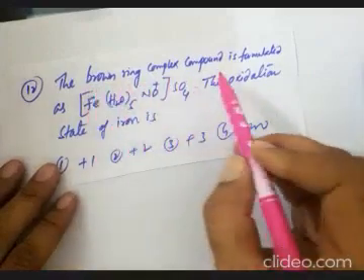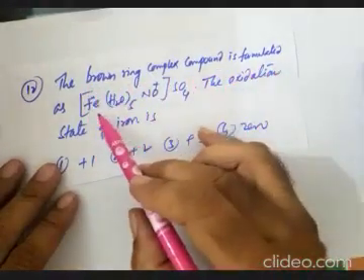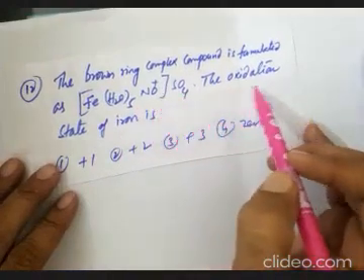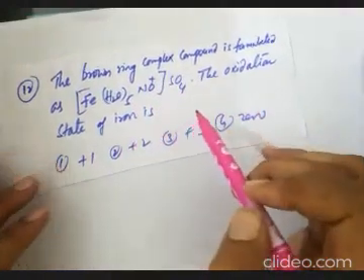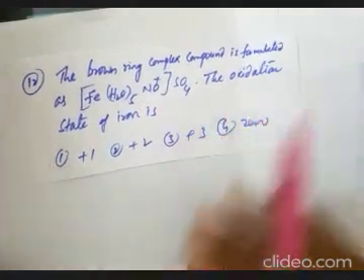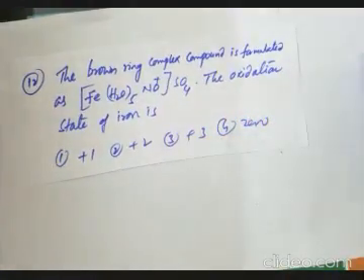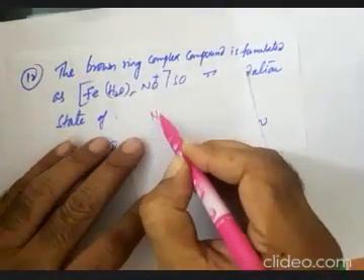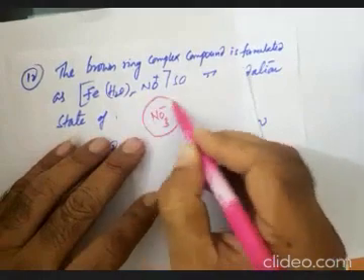The brown ring complex compound is formulated as [Fe(H2O)5NO]SO4. The oxidation state of iron is what? First, the brown ring test is used as the confirmatory test for nitrate ion.